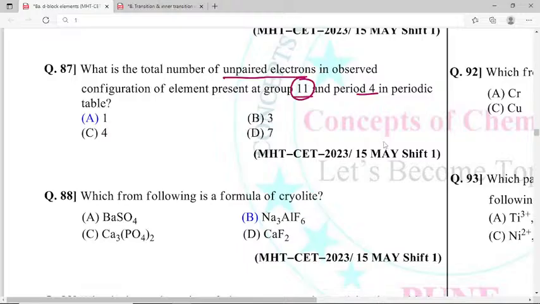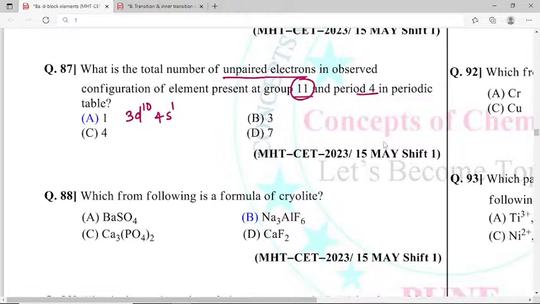Transition and inner transition elements. I am talking about the d block elements, the first half of the lesson. So how does it become 11? 11 becomes 3d10 4s1.